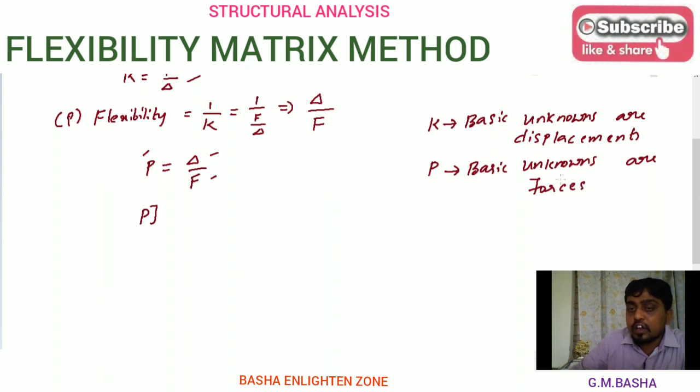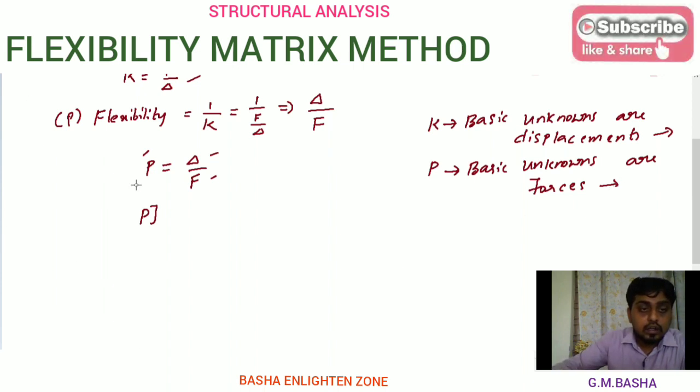So based on the degree of static indeterminacy we are going to find these unknown forces. Already you know the degree of static indeterminacy for a particular beam is reactions minus available equilibrium equations, and you will get the unknown forces.